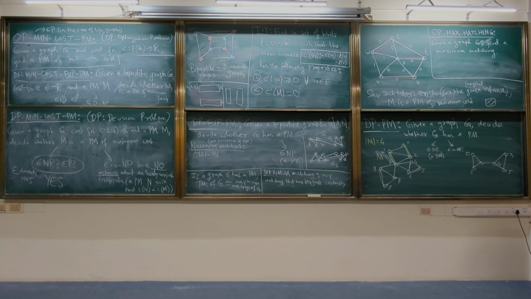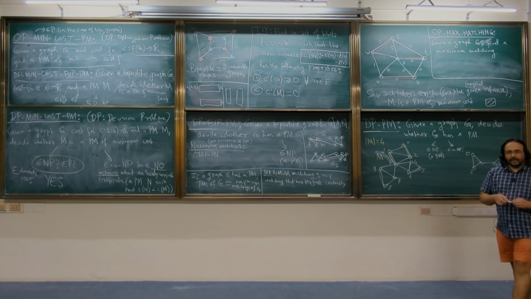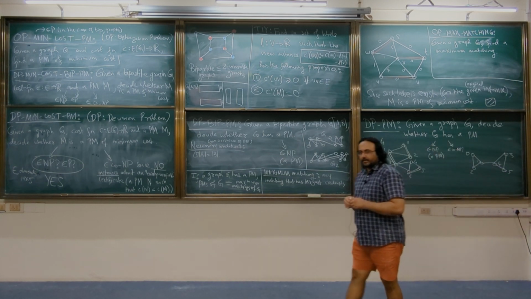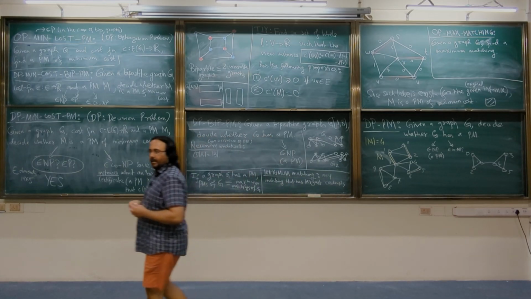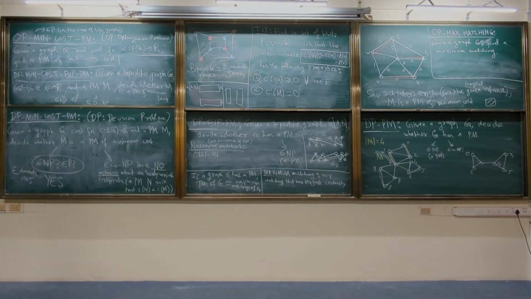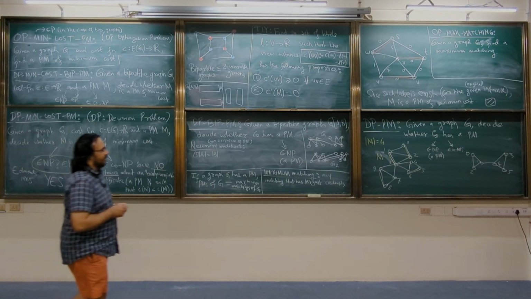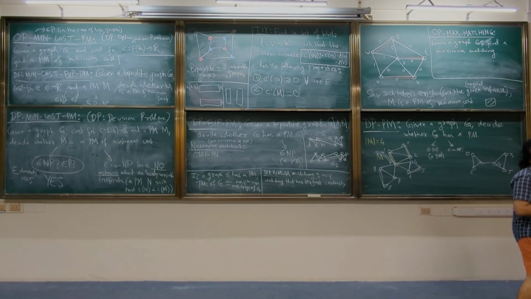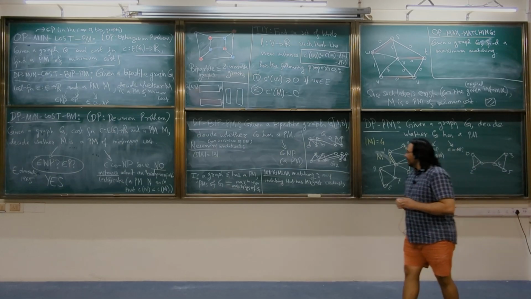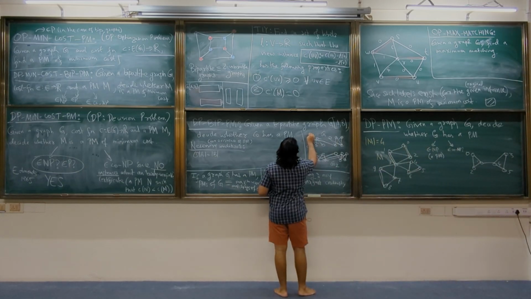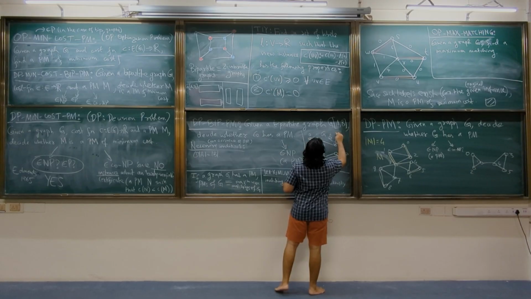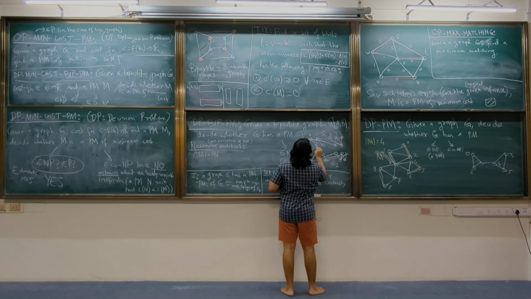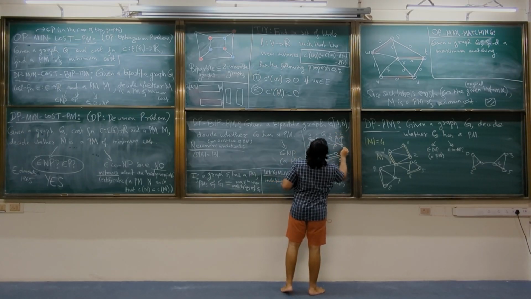And if you can't find a perfect matching in one of them, then convince your neighbor that one does not exist, and then try to figure out how you convince them. If you want to label the vertices, you can label them 0, 1, 2, 3, 4, 5, 6, 7, 8, 9, for the lack of creativity.